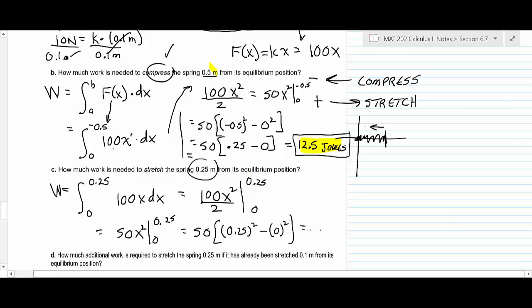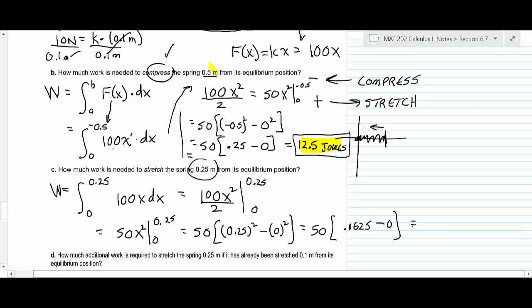Then you can just use your calculator on that. 0.25 squared is 0.0625, minus 0.